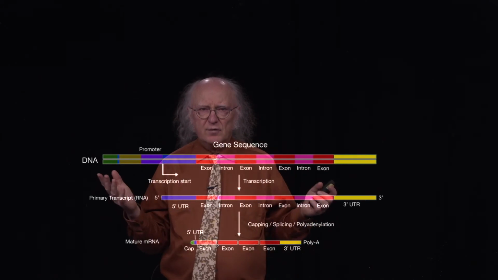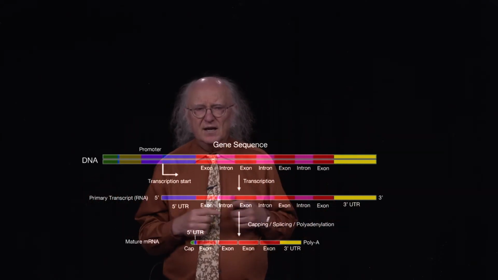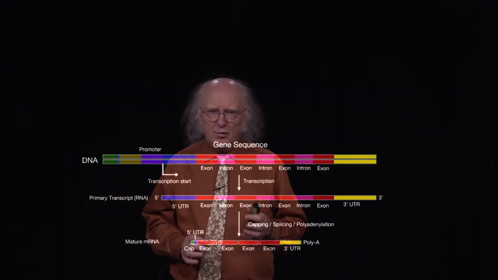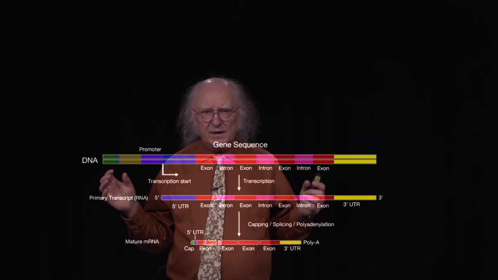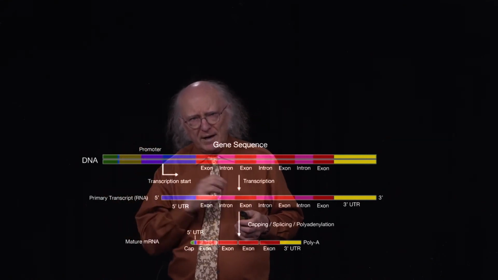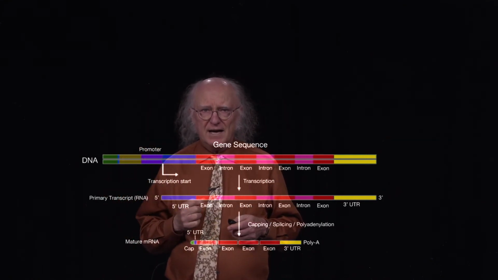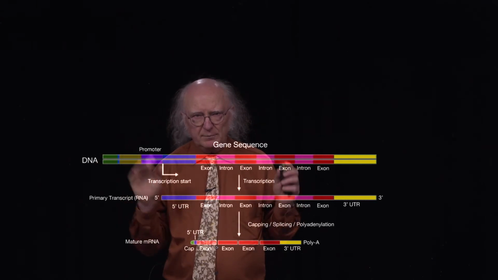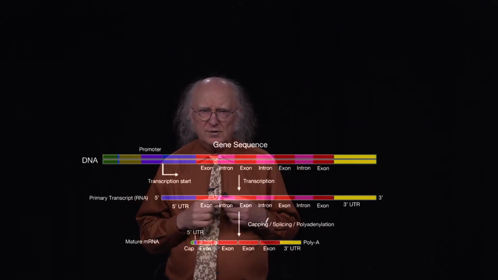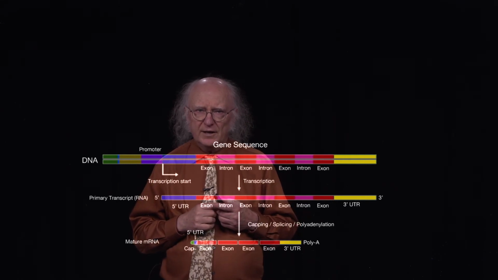These untranslated regions are, as the name would suggest, not translated. The ribosome doesn't make protein from them, but these regions may play roles in governing how much protein is made from a given messenger RNA. That's really beyond the scope of this class, so I won't say more about that, but that's why you see the UTRs on here.